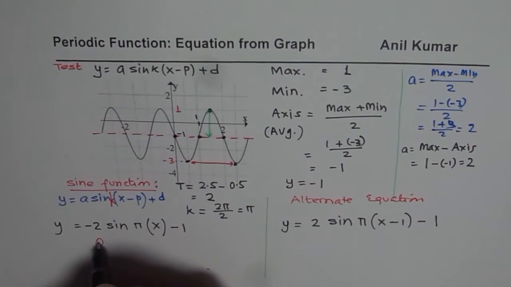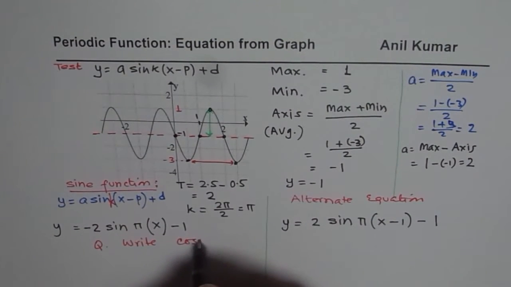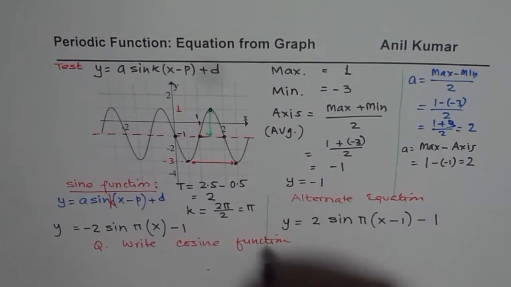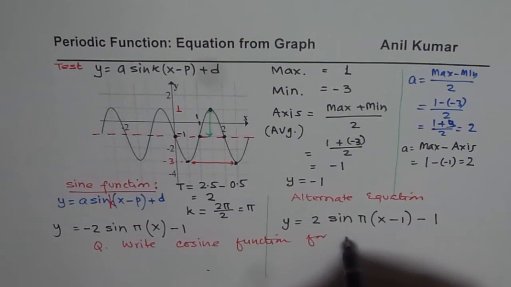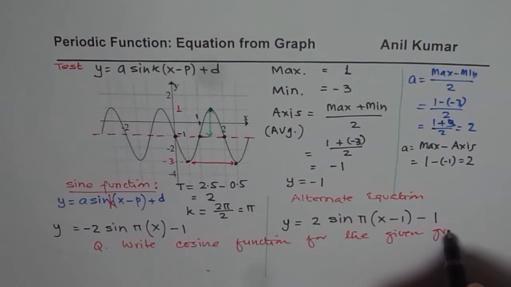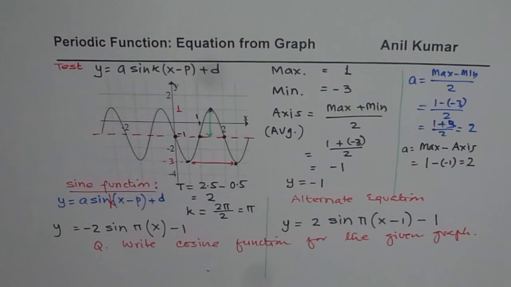Now here is a question for you. You need to write a cosine function for the given graph. As you know, the cosine function is a translation of the sine function by a quarter of the cycle.